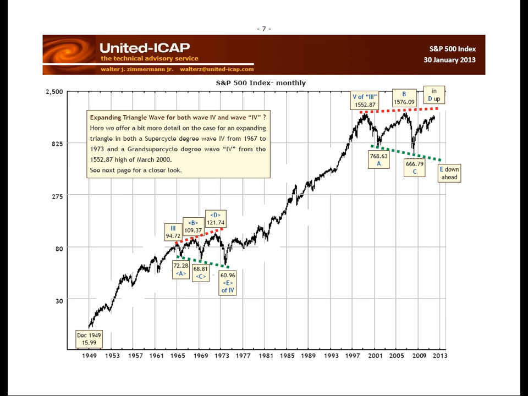Now, this is technical, and there's two questions here. One is, well, how much of a higher high do we need? What is the upside here? Should I balance that against the downside risk?